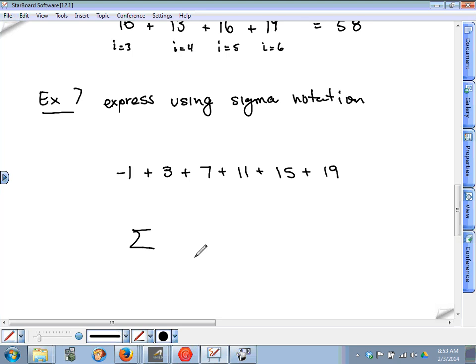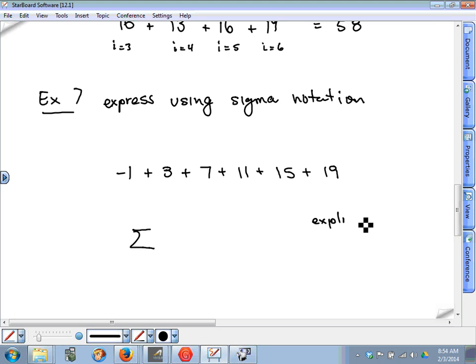So, is there a constant rate of change? We're going up by the same number every time. We're going up by 4. That means this is going to be a linear relationship. A constant rate of change is like the slope. If you were to graph that, what would the slope be? 4.